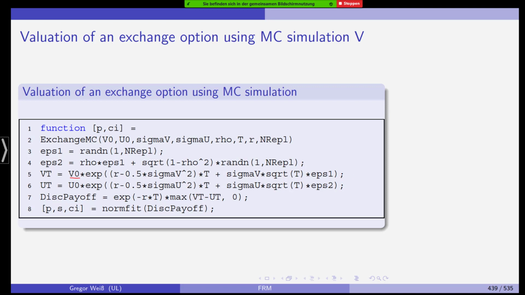And we insert epsilon 1 and epsilon 2. Now we take the maximum of the spread, or 0. We discount it continuously using the exponential function of minus r times T. And this gives us a vector of discounted payoffs of the option at T0.